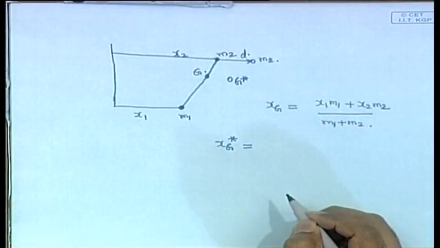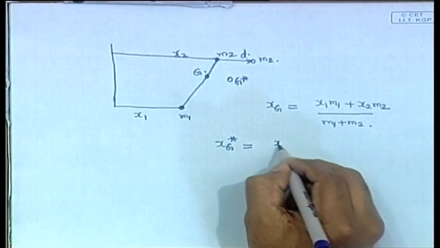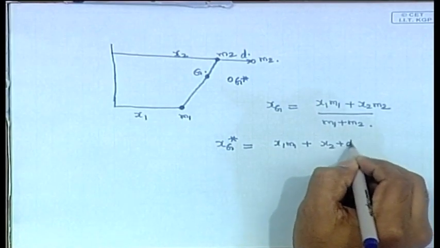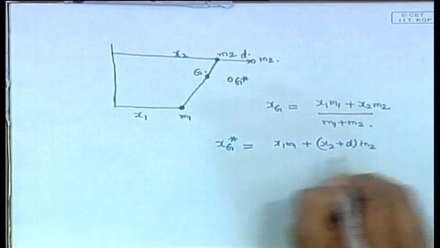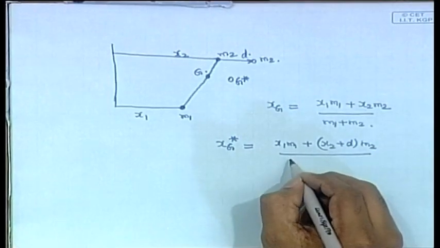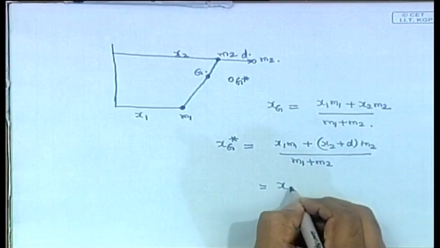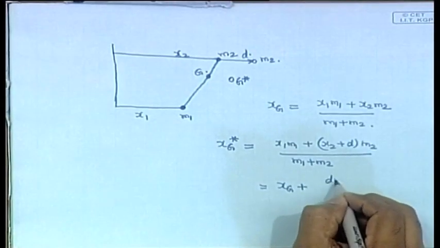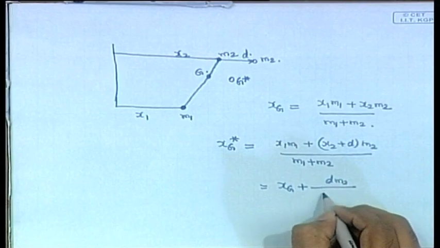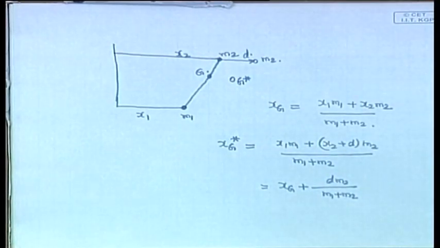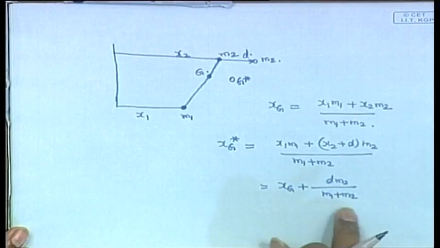So, as a result of this, what is x g star? Okay. Now, it is equal to x g plus d into m 2 by m 1 plus m 2.